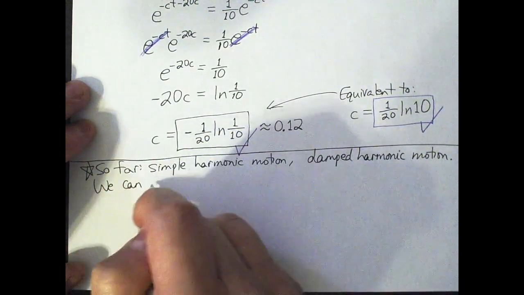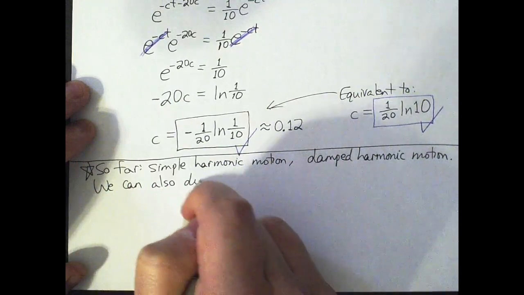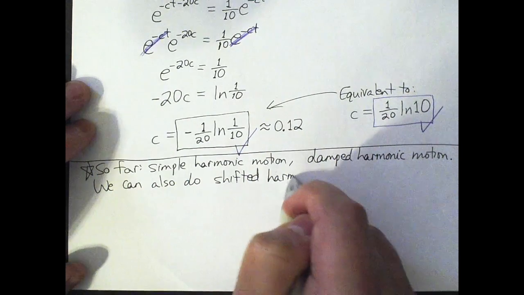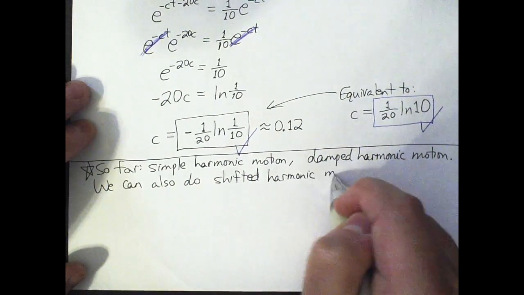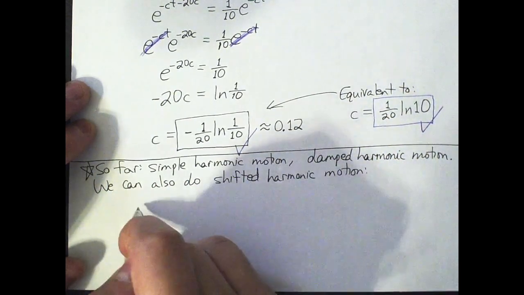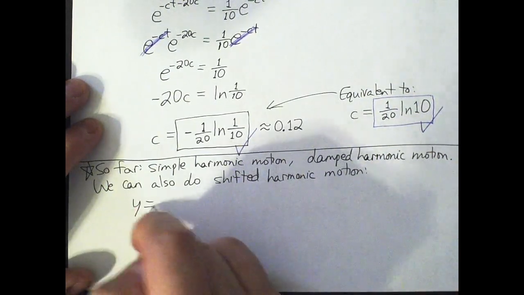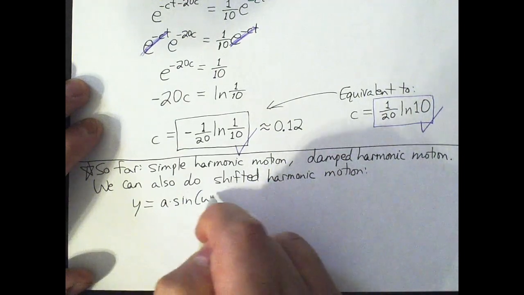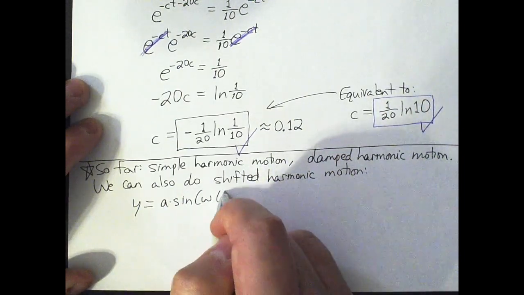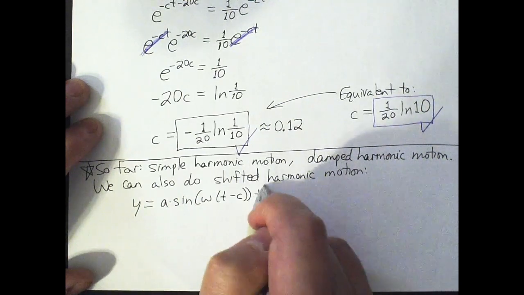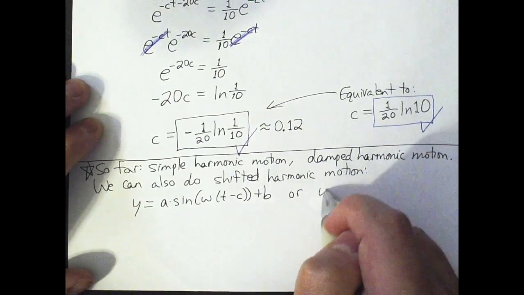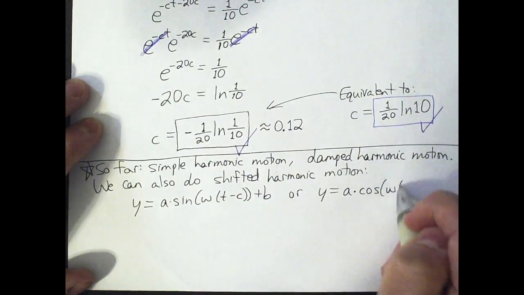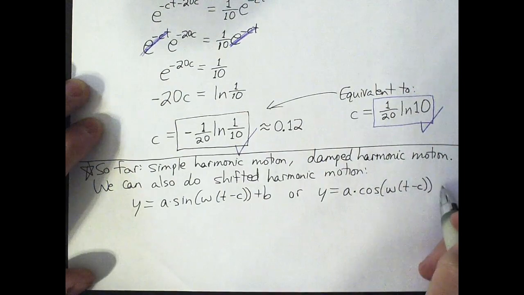We can also do shifted harmonic motion. Shifted like y equals a times sine parentheses omega t minus c, plus b, or y equals a times cosine parentheses omega t minus c, plus b.